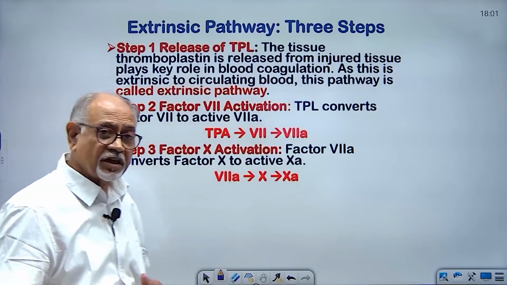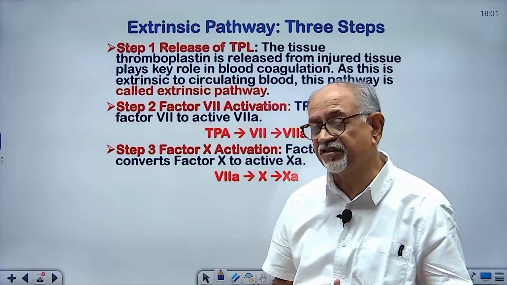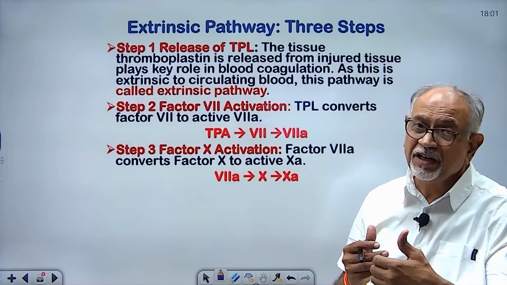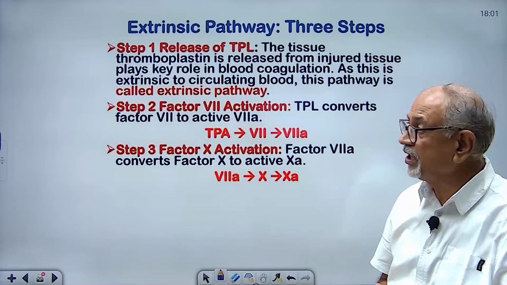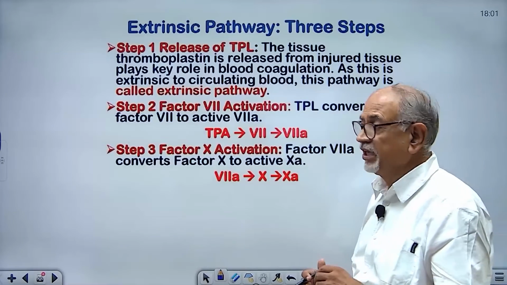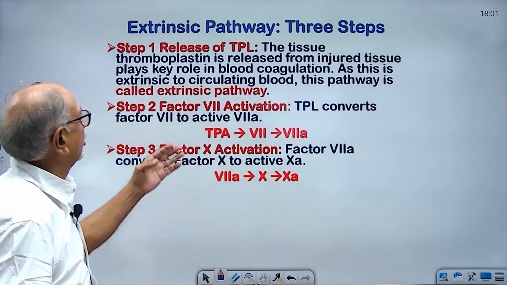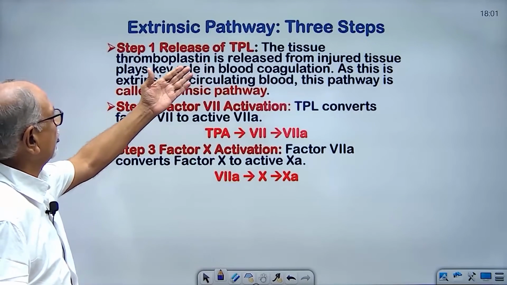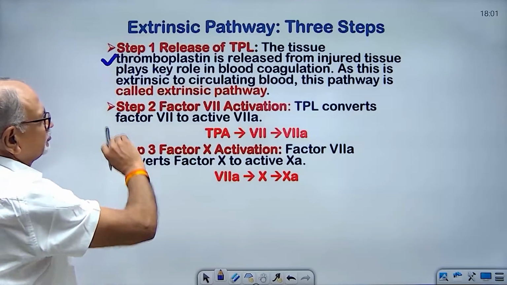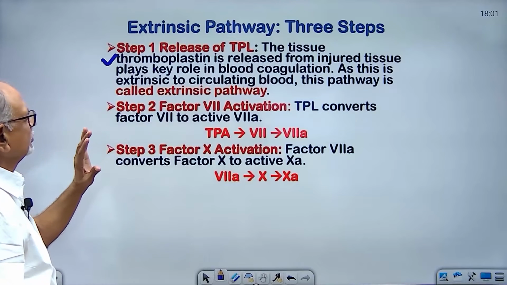Now, as I said earlier, both intrinsic and extrinsic pathways go on hand in hand, that is simultaneously. Here we can see in the extrinsic pathway, as soon as there is an injury in a blood vessel, the tissue of the blood vessel releases thromboplastin, which plays a key role in blood coagulation.